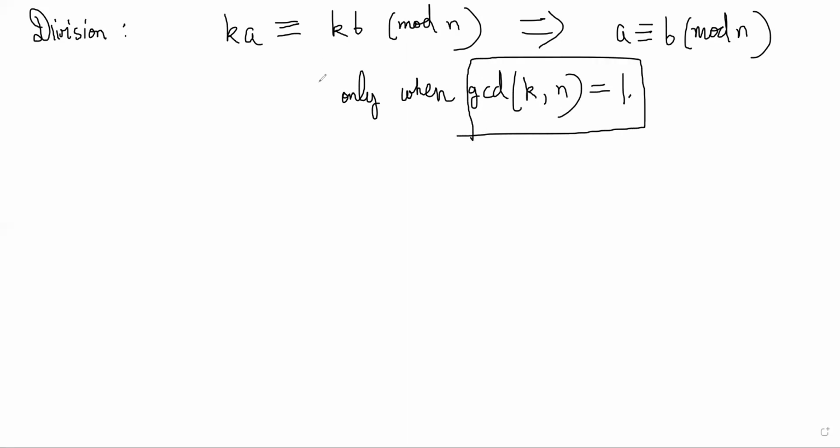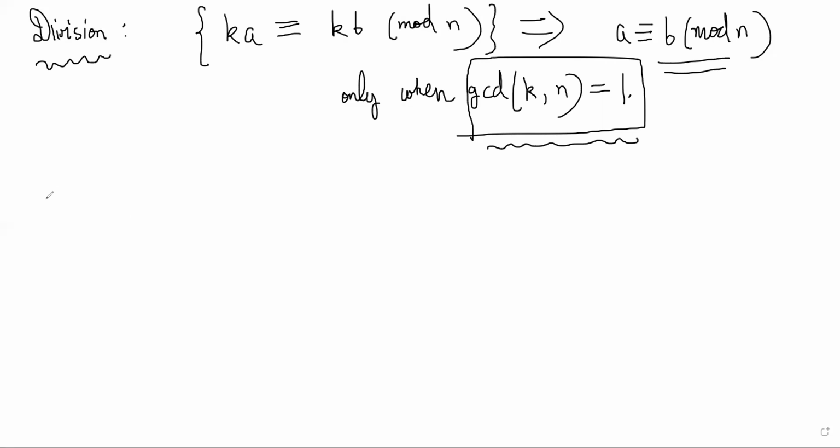You cannot do it if there is a common factor between n and K, right? n and K basically have to be co-prime. Then you can divide by a constant number. So use this, but be careful when it is applicable. It is only applicable when K and n are co-prime. Only then can you divide a number on both sides of a congruency.